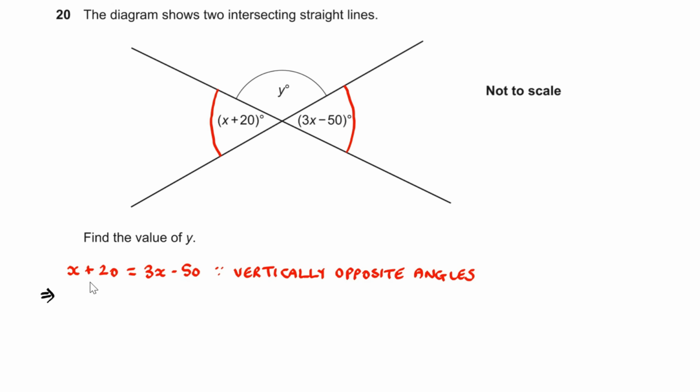So from this we can attempt to find out what x is. Well, if we take x from both sides, we have 20 equals 2x minus 50, and adding 50 to both sides, you will find 2x to equal 70, from which you can see x is equal to 35. And therefore what we can do is find out what this angle is equal to. We have 35 plus 20, which is 55.